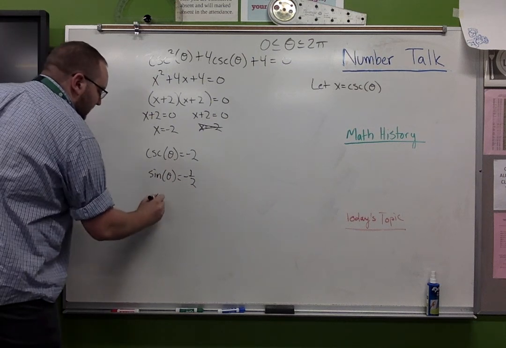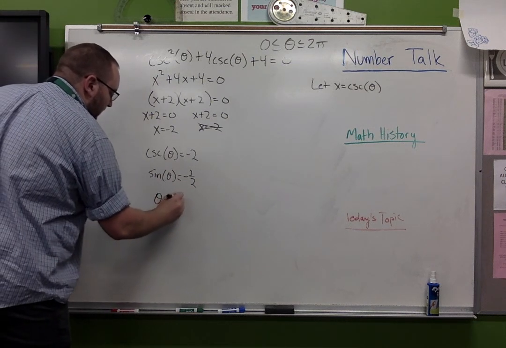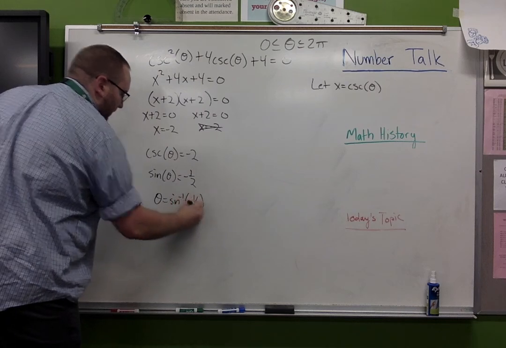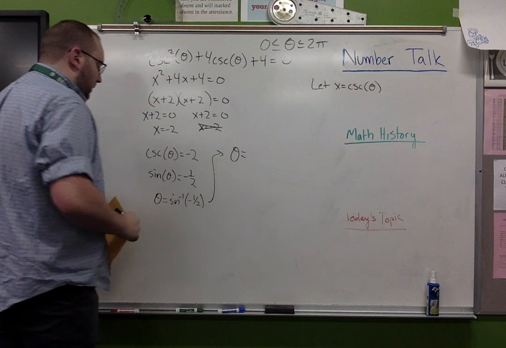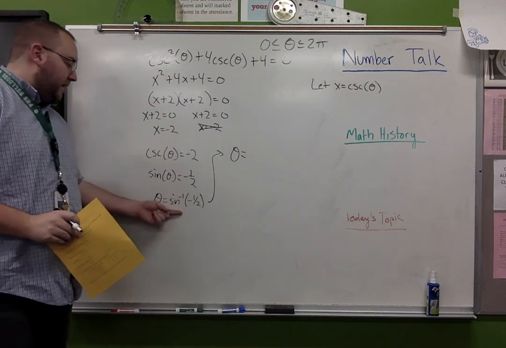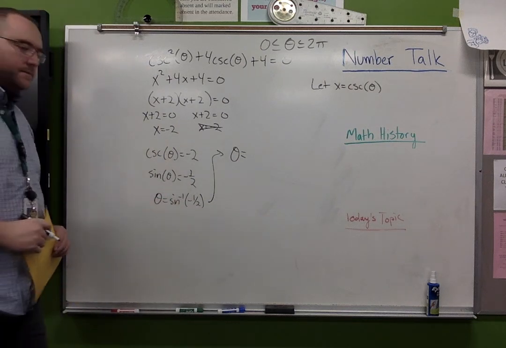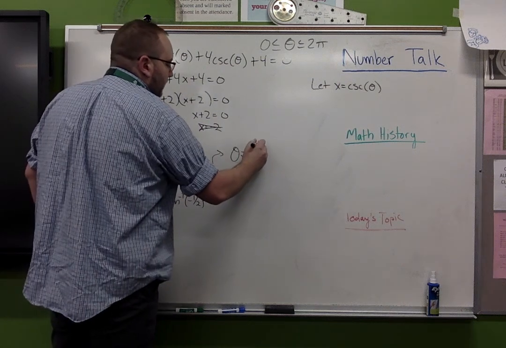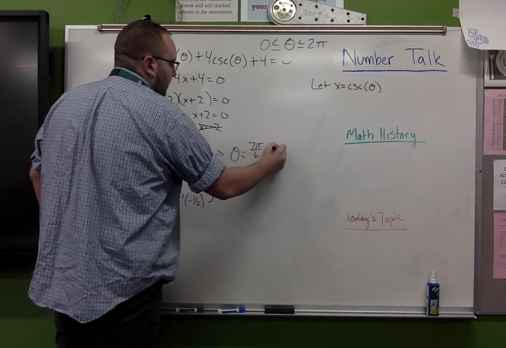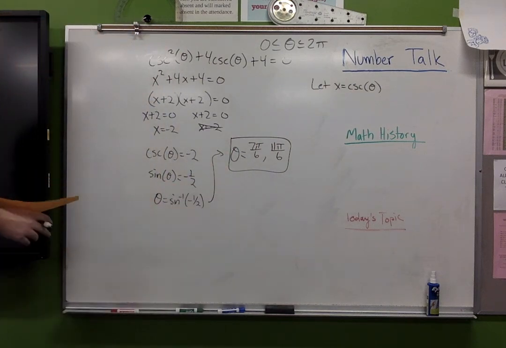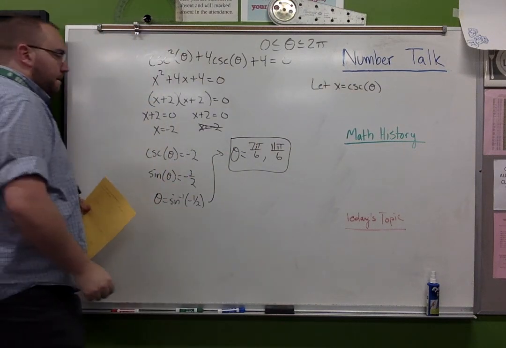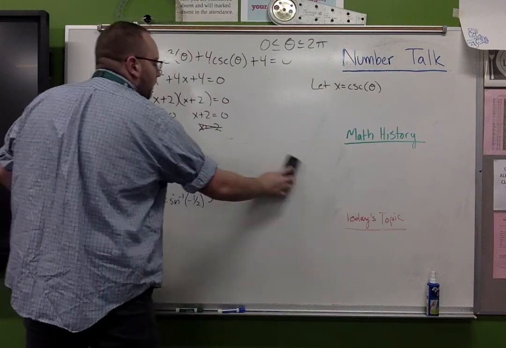Take the inverse both sides. Theta equals sine inverse of negative 1/2. So then theta equals, what angles, when I take their sine, I get negative 1/2? Well, that is 7 pi over 6 and 11 pi over 6.